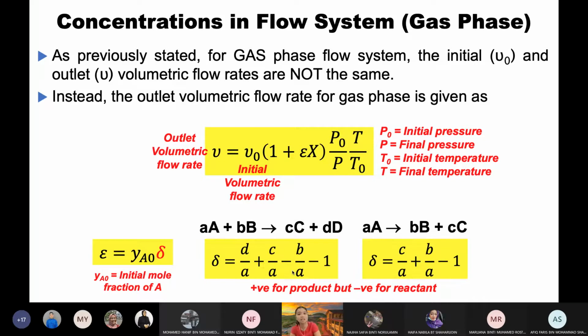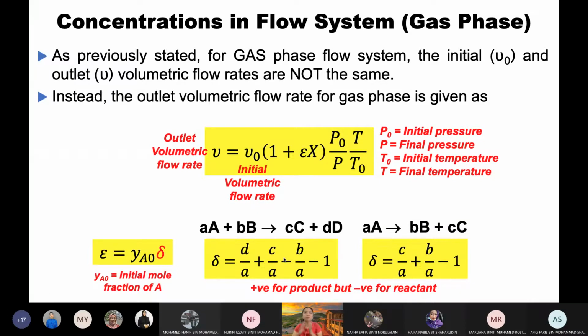Dan kes yang ketiga, kes yang biasa student akan get confused bila satu reactant, dua produk. So when I have one reactant, two products, meaning my B is now the product with C and the A is my sole reactant. So sigma dia become c per a plus b per a. So situation di mana B adalah produk, it now becomes plus b per a. The situation previously, B was a reactant, so it became minus b per a.